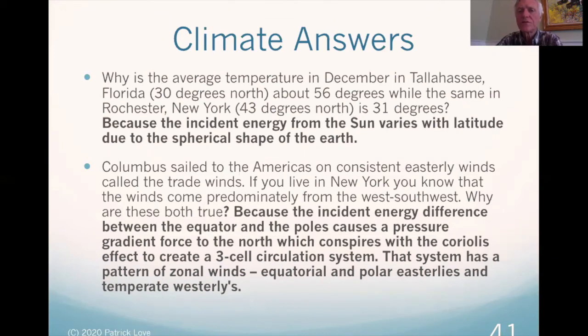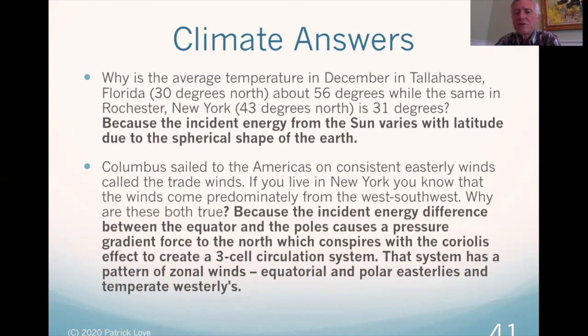We know that the difference between weather in Tallahassee and weather in Rochester, New York, at least the temperature of the climate, is largely due to the spherical shape of the Earth, causing a latitude difference in the amount of energy that's received in those places per square meter.